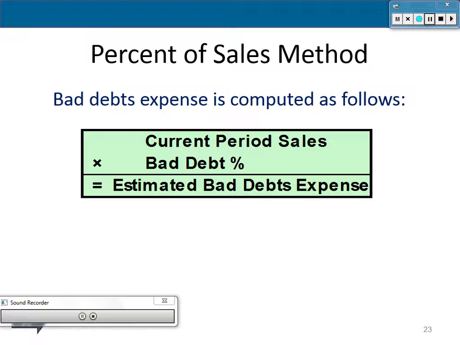All right, so if we had to use the percent of sales method, this is the equation here.